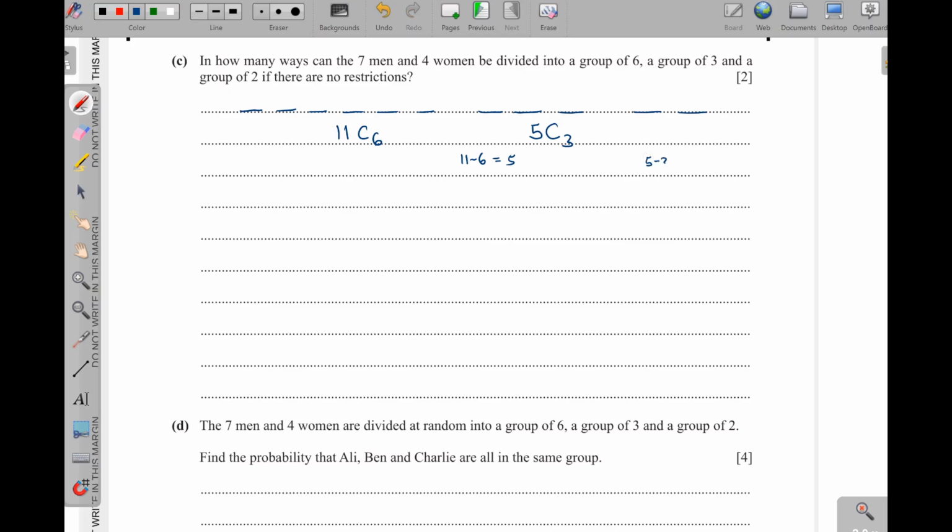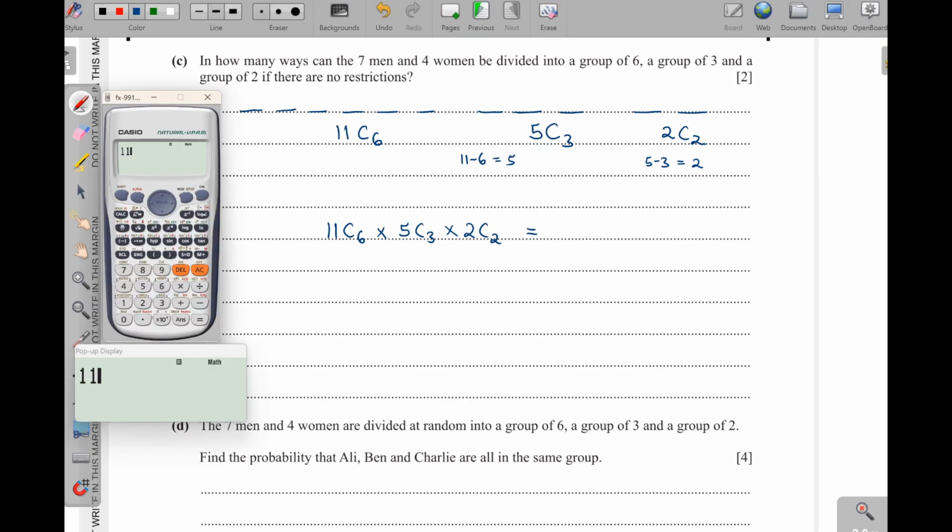After taking off the 3 from the 5, you remain with 2. That means you have 2 here, then combination 2. So we shall have 11 combination 6 times 5 combination 3 times 2 combination 2. What do we get? 11 combination 6 is 462.